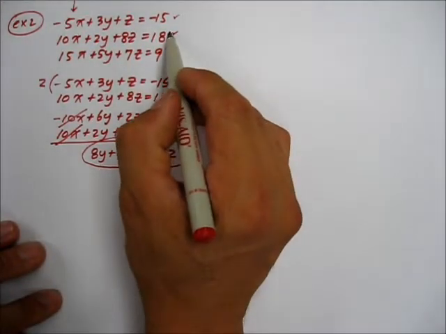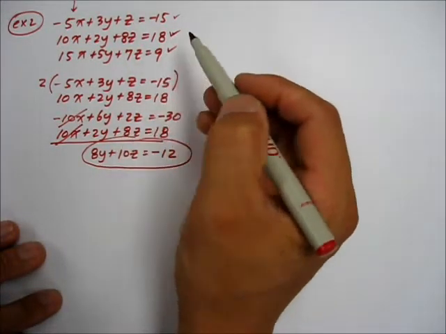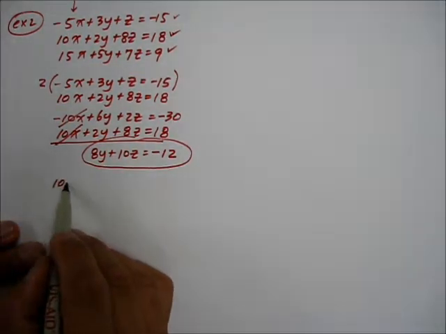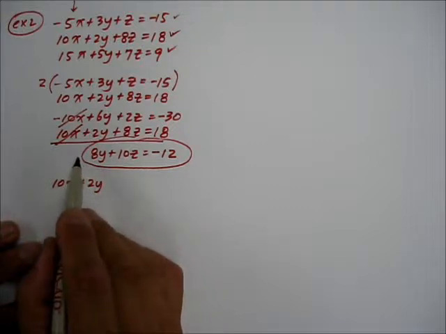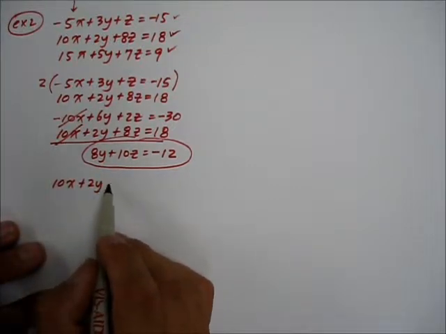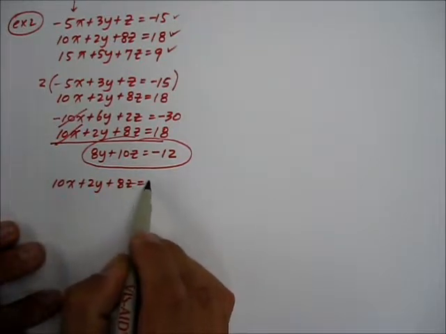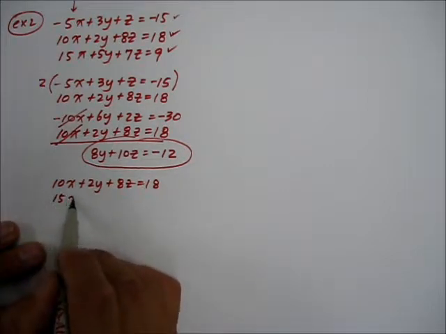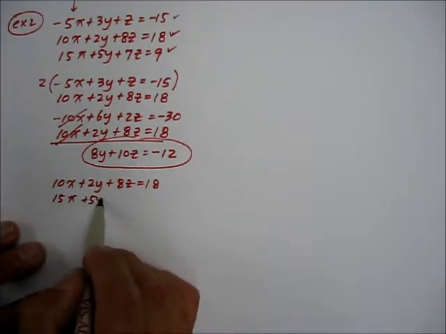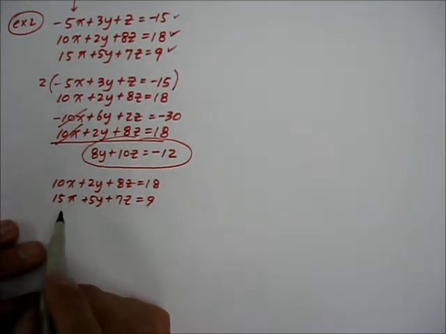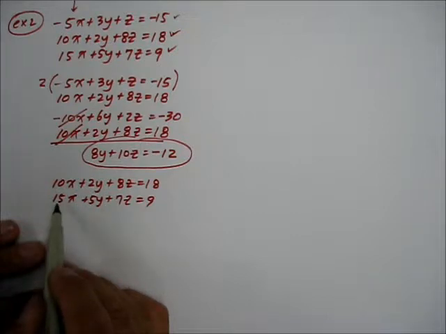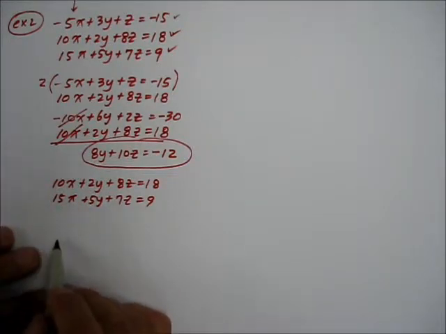Now I'm going to take the second and the third equations. Again, I have no choice, I have to cancel out the x's because that's what I did for the first two. So now we have a little dilemma. It turns out the common factor between 10 and 15 is going to be 30.